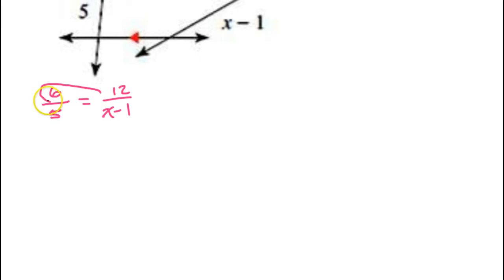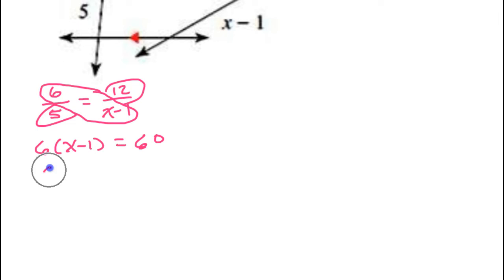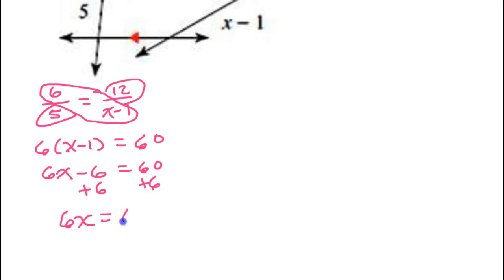Okay, so let's do our diagonals. So I've got 6 times x minus 1. And then 5 times 12 is 60. So this is going to be 6x minus 6 is equal to 60. Add 6 to both sides. So that gives me 6x is equal to 66.